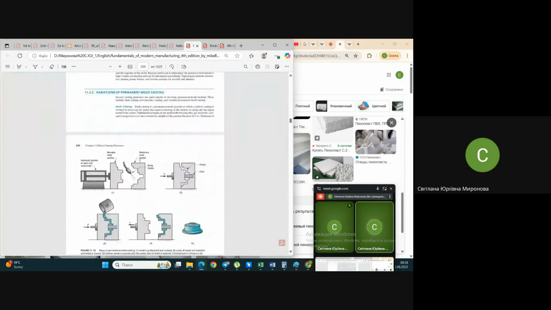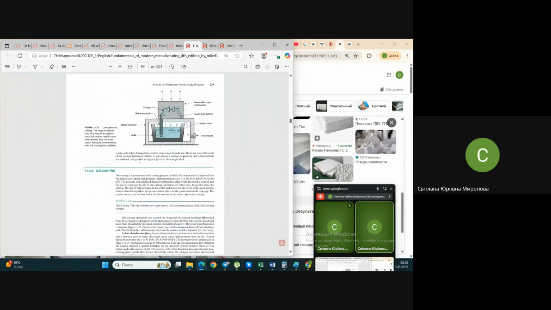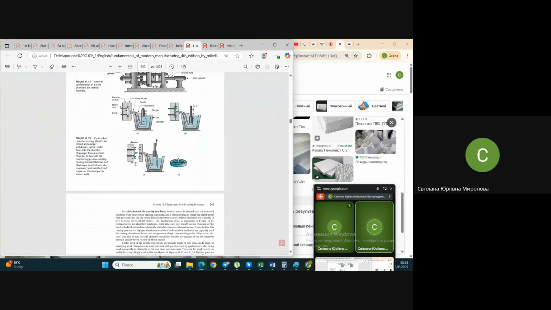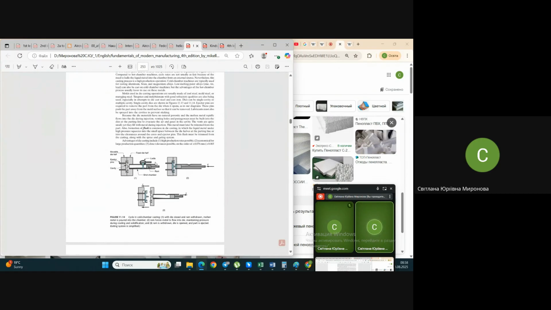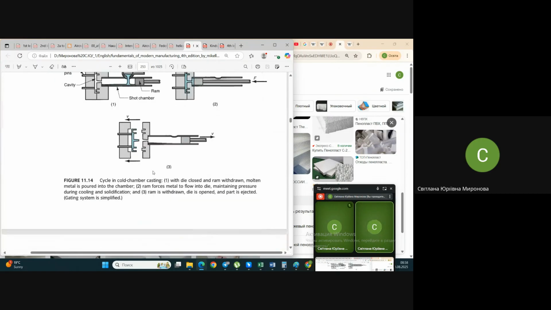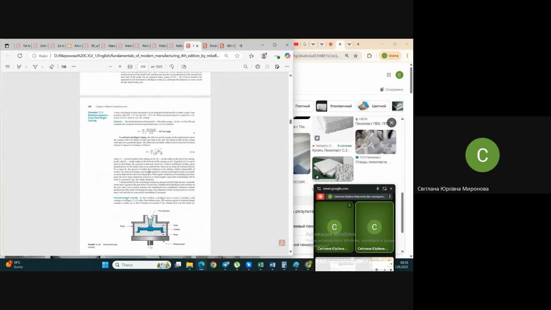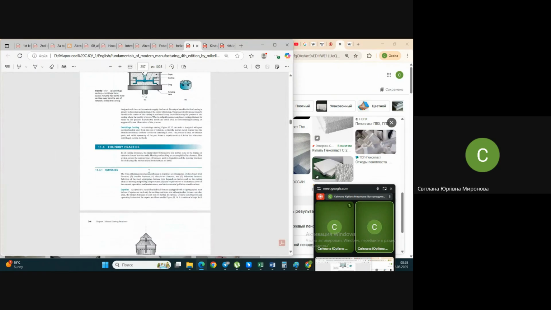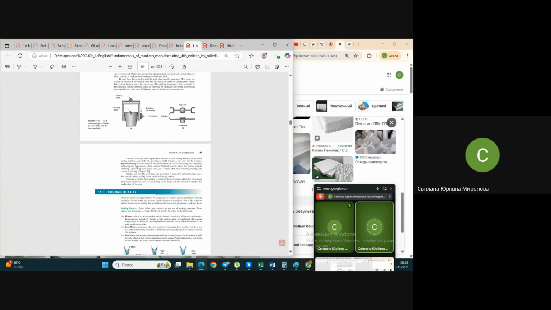Centrifugal casting. It's not. Here is maybe. No. Cold chamber casting. Foundry practice. Oh, sorry.